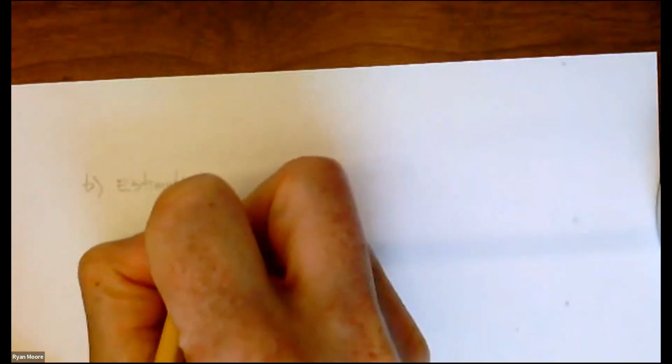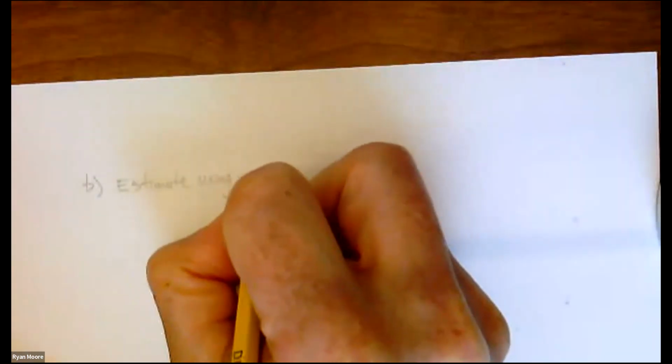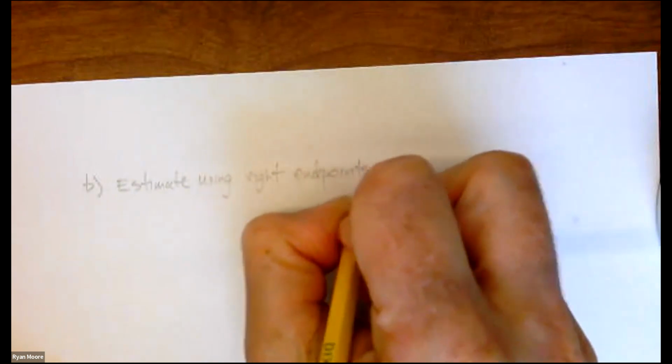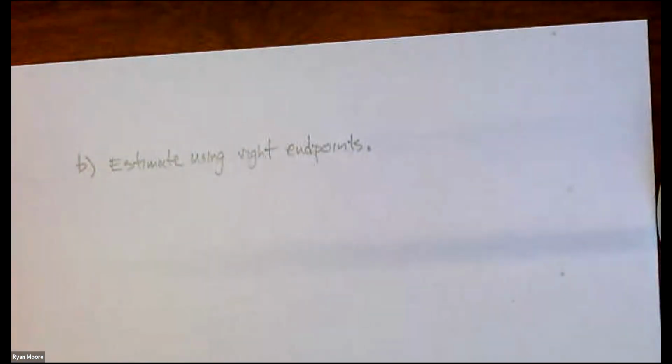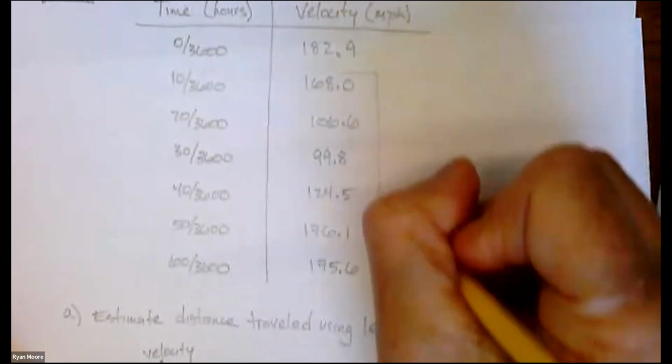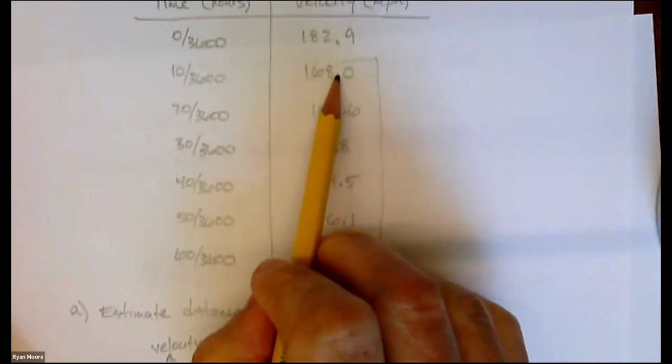Let's take a look at part B. Now we're going to do right endpoints. Same idea, but now we use all the right sides. So I won't do the drawing again. We're going to use these 6. The first rectangle, its height is there.